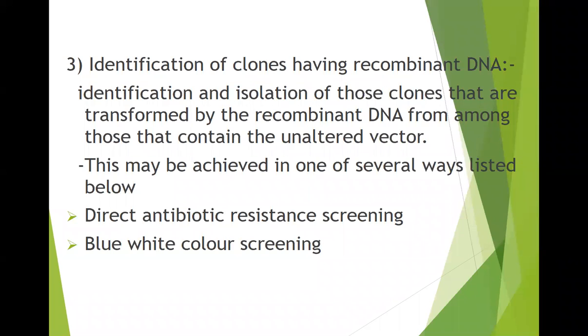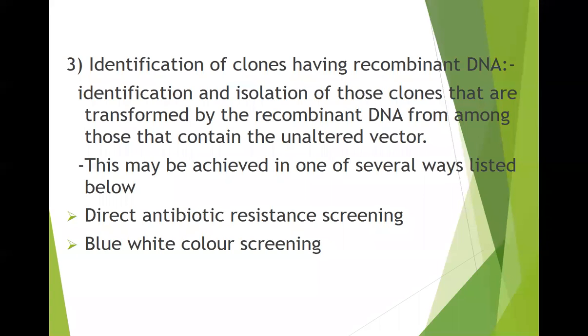So the third one, which will allow us to directly screen the recombinant cells, that is by using direct antibiotic resistance screening or blue-white color screening. I hope you remember, just now I mentioned this direct antibiotic resistance screening is nothing but having two antibiotic selectable markers on one vector, so that you can go for insertional inactivation of one particular marker gene.